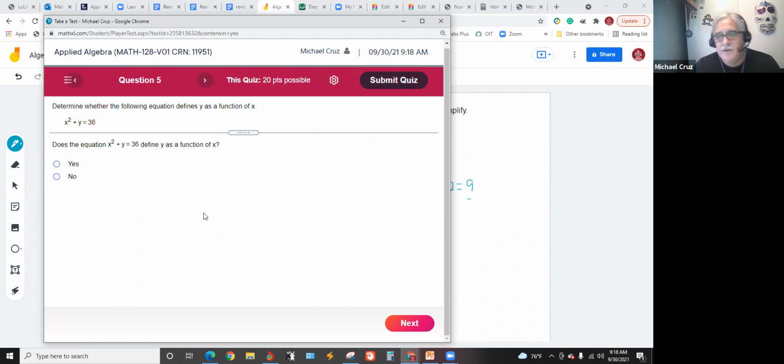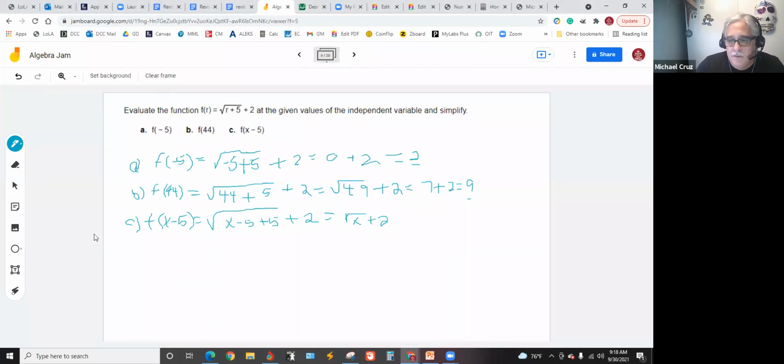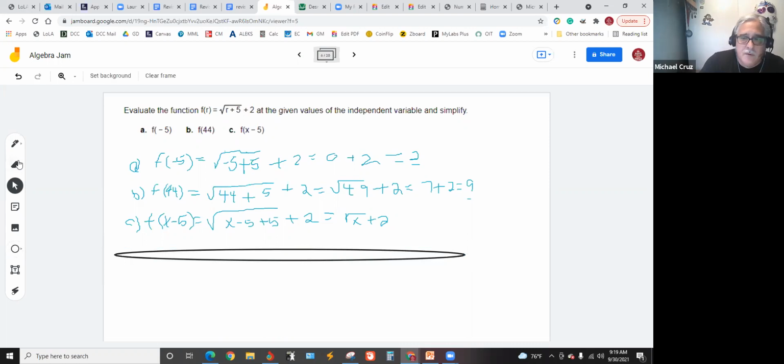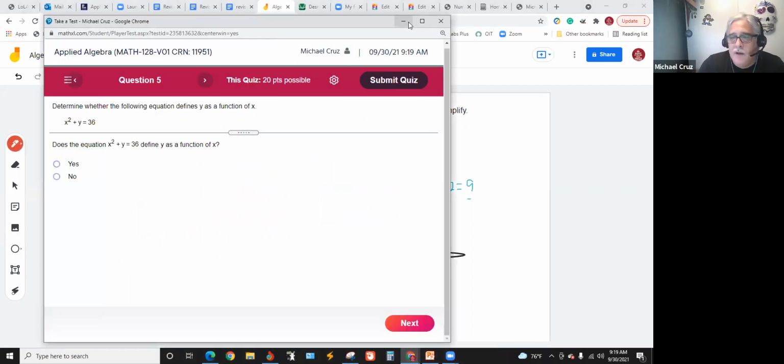All right, is this a function? Remember, if we got a function, we got to be able to solve it for y. So they gave us x squared plus y is equal to 36.